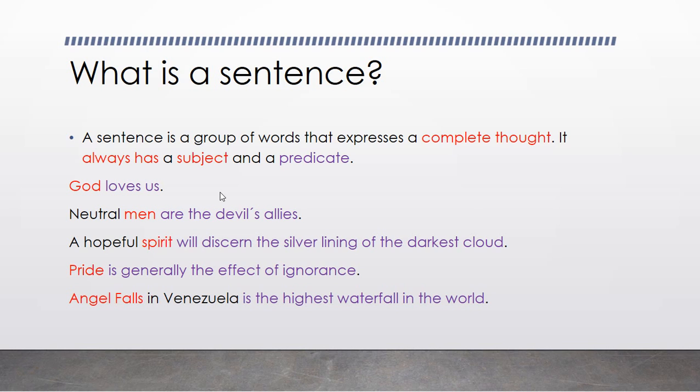In the second sentence we say neutral men, okay? A hopeful spirit. And in the last one, Angel Falls in Venezuela. We are saying which ones. So those are just working as adjectives.